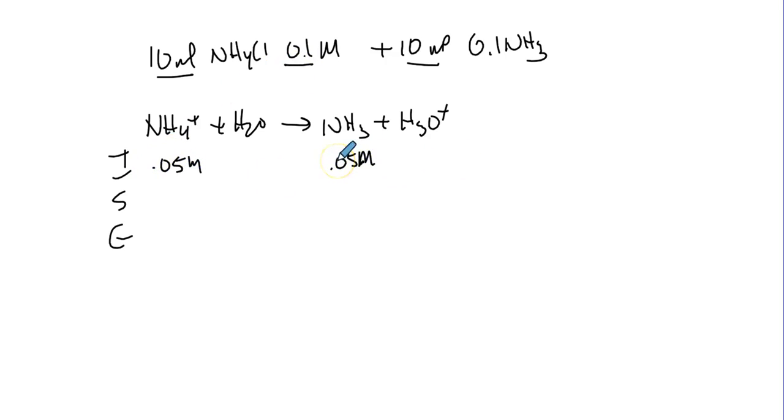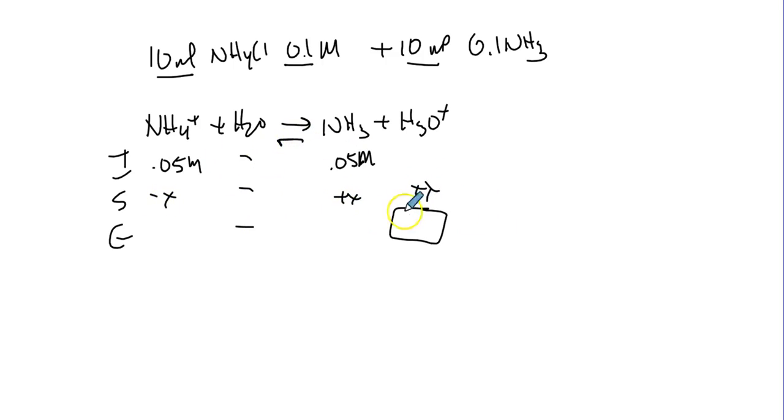I could have used the acid version or the base version. It just doesn't matter. I like this one better because I get an H plus ion, which means I go directly to pH. Minus X, plus X, plus X. It doesn't even matter which way I'm going.